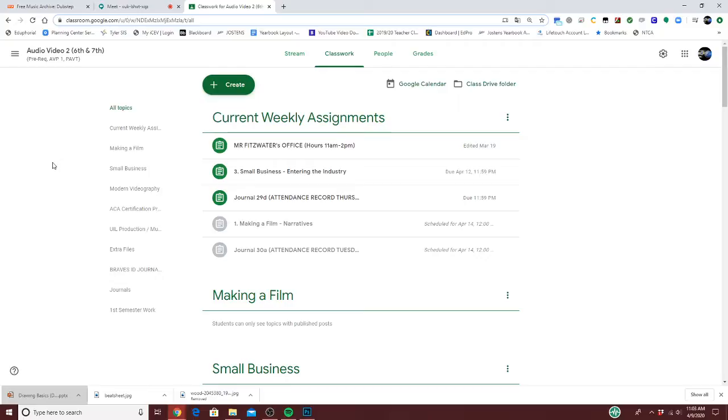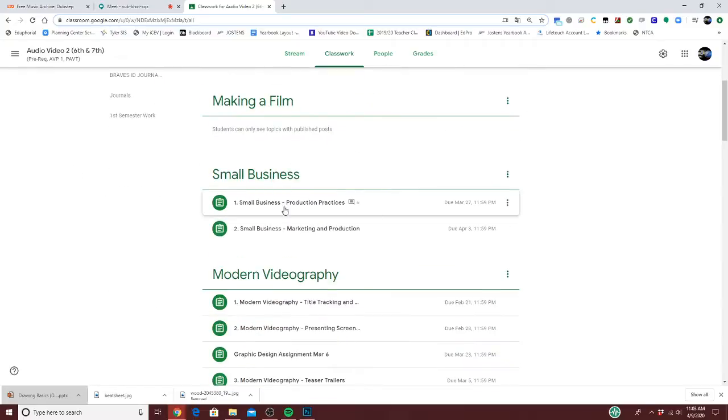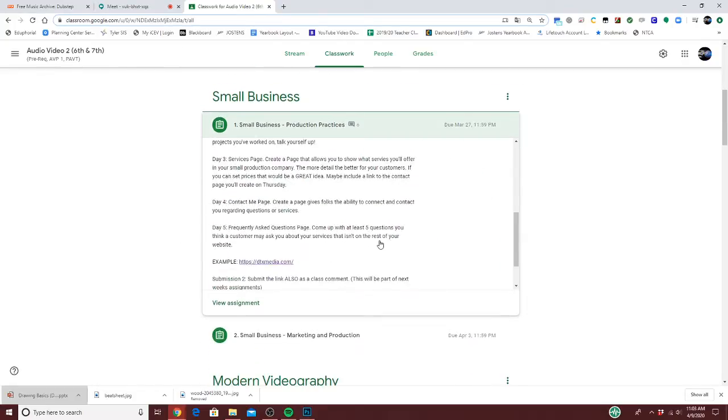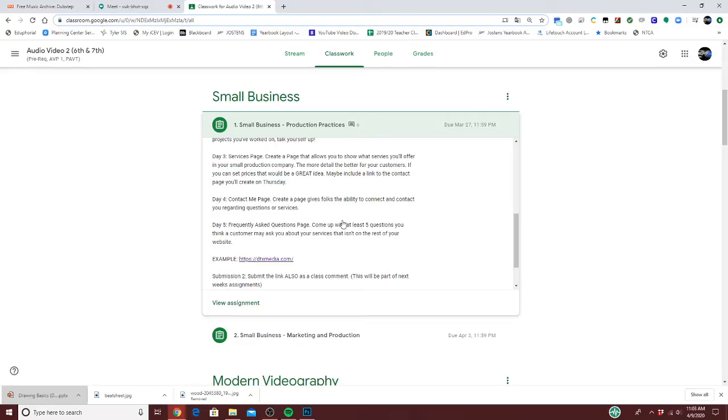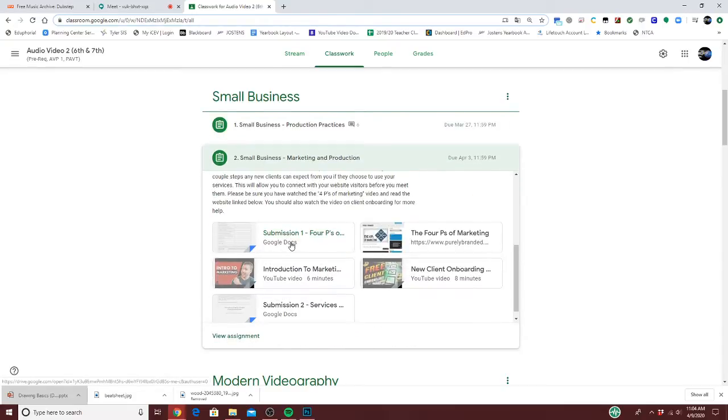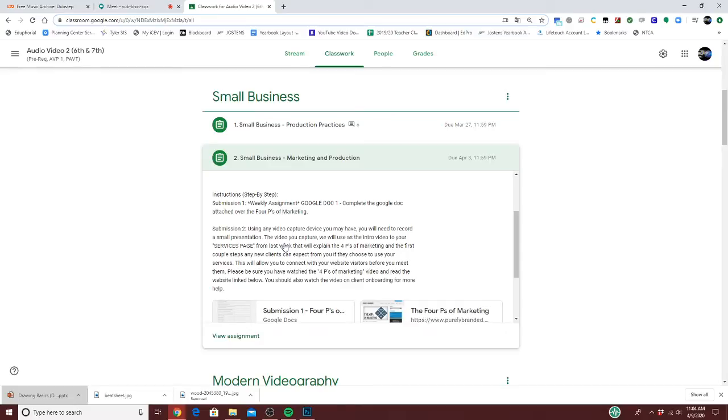So what I did for you is for number 1, where you have multiple pages that you did, AVP 2, this will count as 1 grade for you. Small businesses, marketing, production will count as 2 grades for you. So that should be your 3 grades there, AVP 1. Okay?